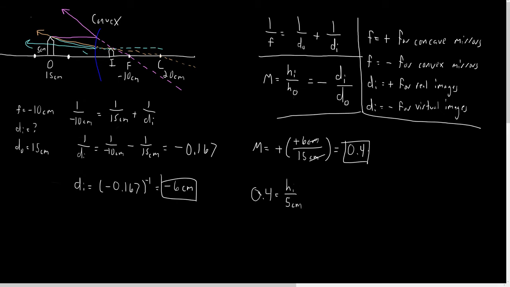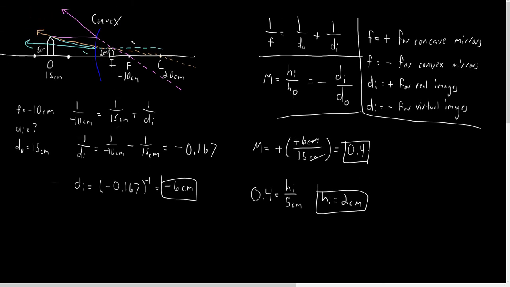Now to get the height of the image by itself, I'm just going to multiply both sides by 5 centimeters, which should give us 2 centimeters. Double check I did that right. 5 times 0.4, 2. All right, so I did my math right in my head. And so the image height, we said this thing is 2 centimeters tall.